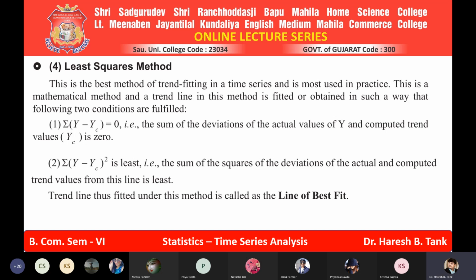You were trying to get the best fitted line among all those lines. To get this best fitted line, we use a method, and that method was the method of least squares. Now, what exactly is this method of least squares, and why do we need to get the best fitted line?